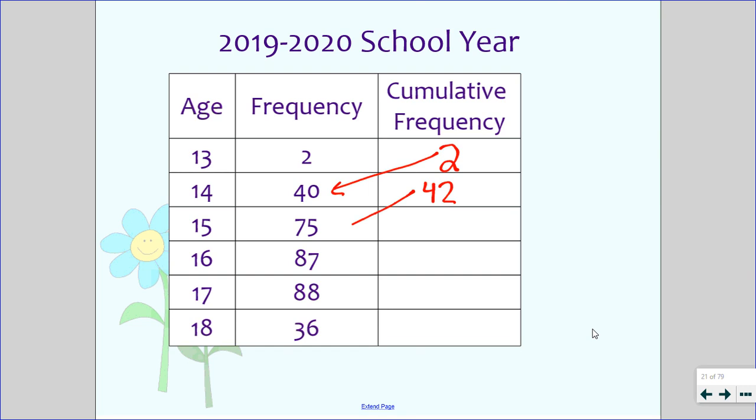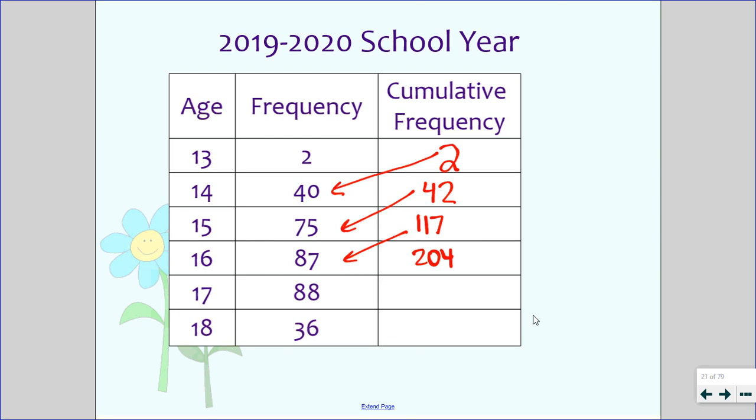If we add here the 42 plus the 75, that's 117 students that have ages of 15 or under. And then if we add 117 to 87, we have 204 students that are 16 and under.